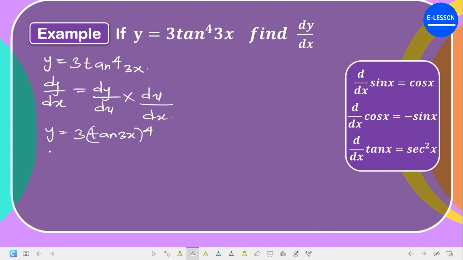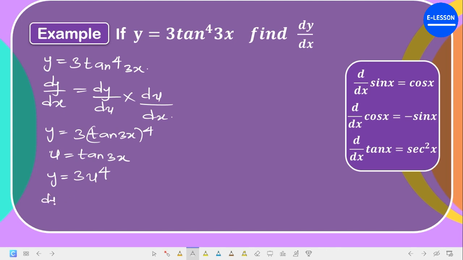Let u be equals to tan 3x. So our y now will be equals to 3. In place of tan 3x, we are going to put u, raised to the power of 4.